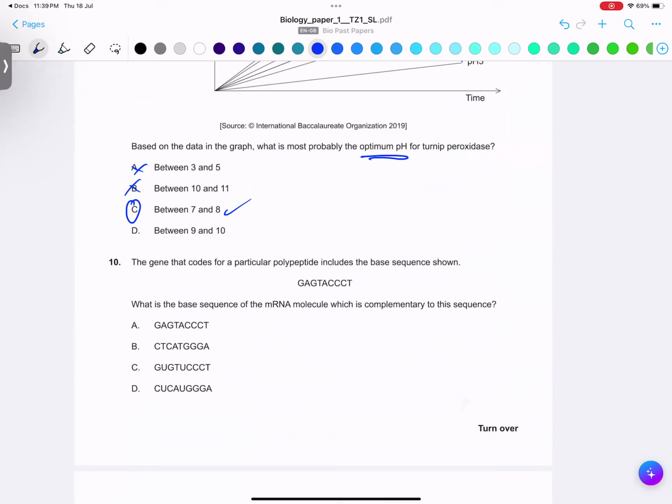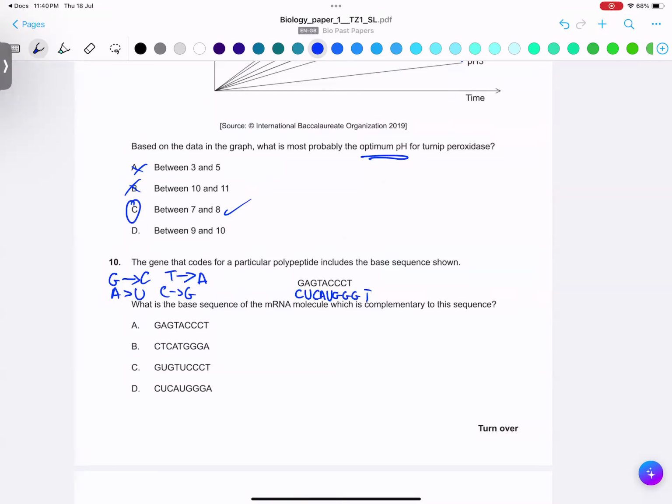G turns into C and A turns into U, and oh, sorry, I wrote C, but it's U. A turns into U, and then T turns into A. So we have C, we have U again, then we have C again, and then we have A, and then we have U, and then, wait, C turns to G, right? Yeah, so G, G, G, T.